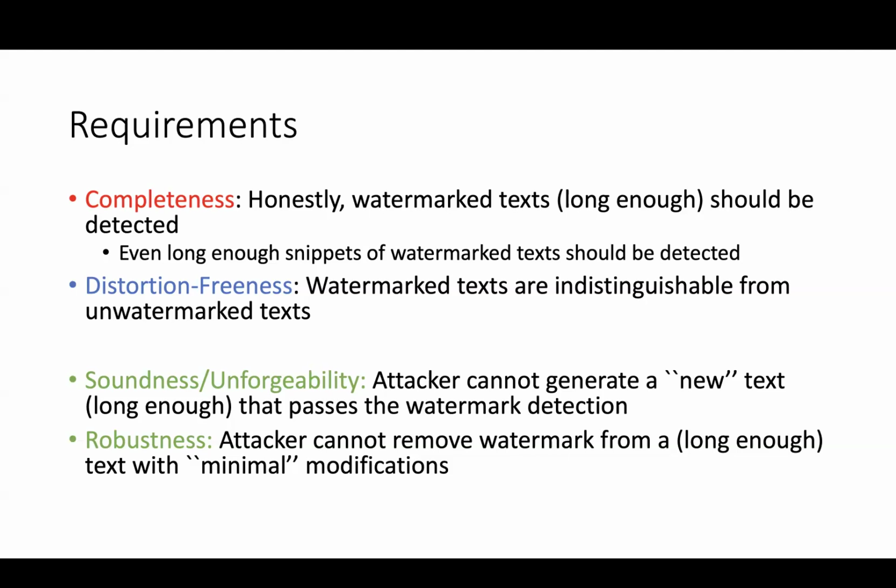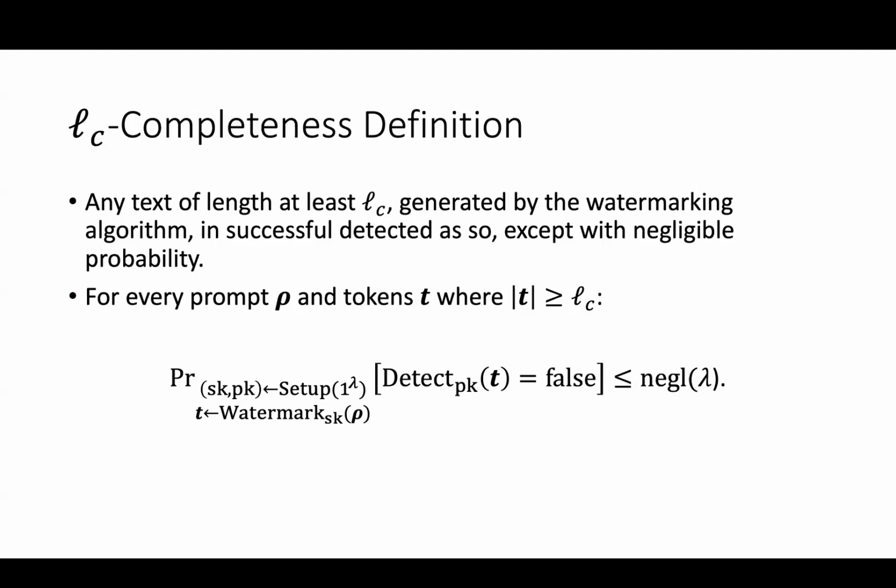So again, I'll formalize that. Just formalizing things, completeness is natural. If you have setup, and watermark takes a prompt and generates a watermarked text T, the detection algorithm should almost always output true. So it outputs false with negligible probability. And note here that I need some sufficient length, and that's my completeness parameter LC.